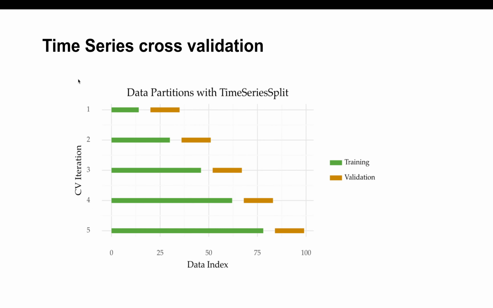Now similarly, you have something called time series cross validation. There might be a data set, let's say the sale of one particular product each day, so each day is your data index here. As you proceed with time, you need to make sure your training data is captured properly. You cannot randomly choose your training data.